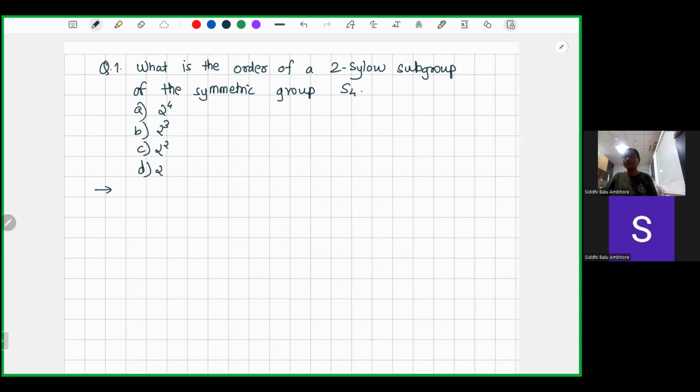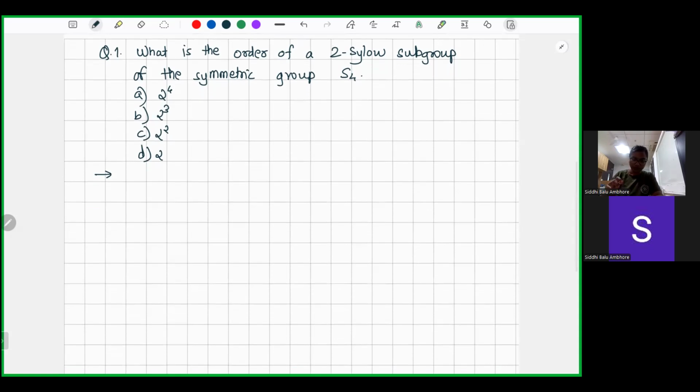The question asks us the order of a 2-Sylow subgroup. Before going to the answer, let us first discuss the statements of Sylow's theorems.